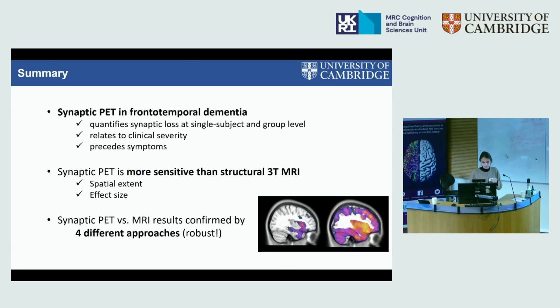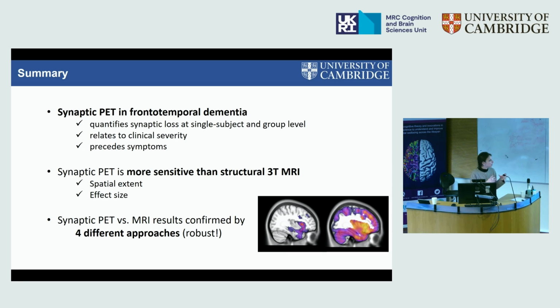So even after clearing up the effect of gray matter loss, we saw a difference between patients and controls. Just to summarize, I showed you that synaptic PET in frontotemporal dementia quantifies synaptic loss at single-subject but also group level, relates to clinical severity, and precedes symptoms. When we compared synaptic PET with 3T MRI, it was more sensitive in terms of spatial extent and effect size.